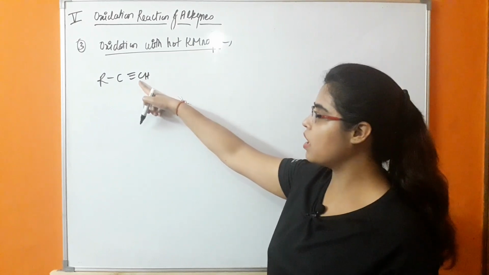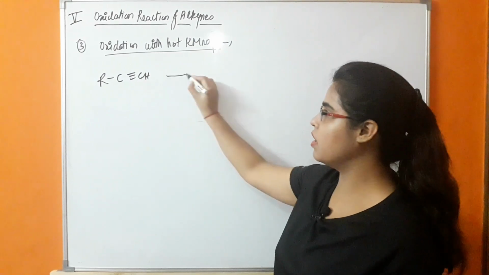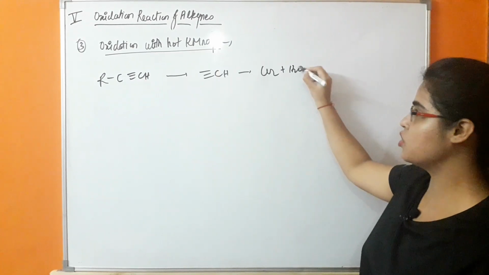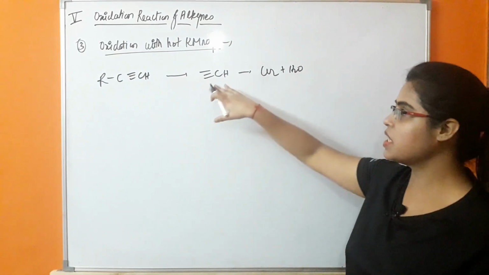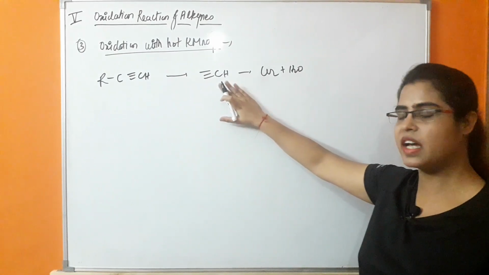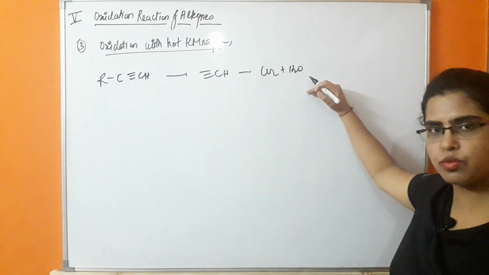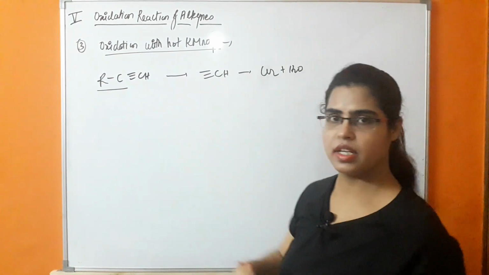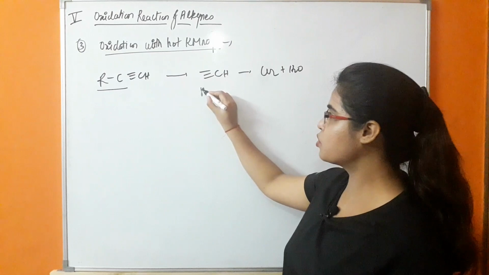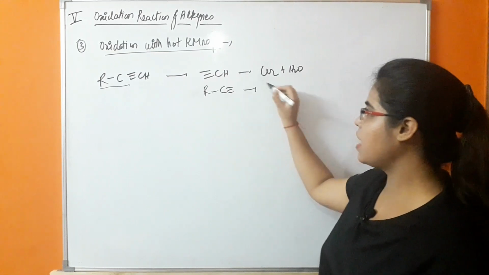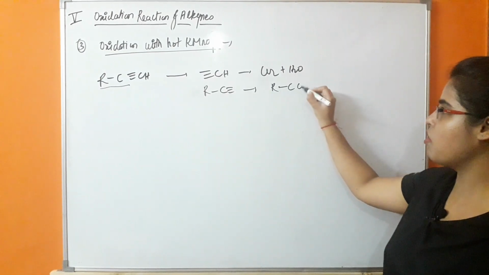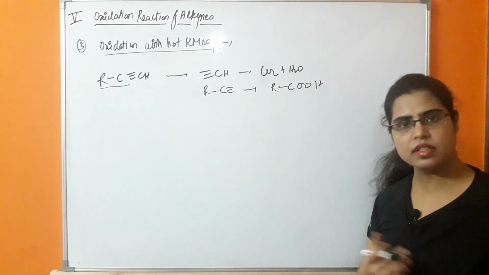So the terminal part, that is the triple bond CH part, gives CO2 and H2O. It means this part will completely oxidize to give CO2 and H2O, whereas this part will oxidize to give carboxylic acid. It means there is formation of RCOOH.